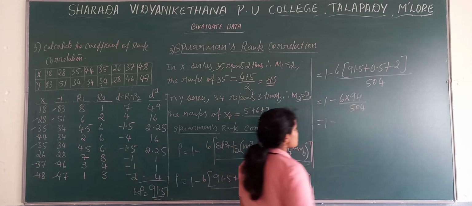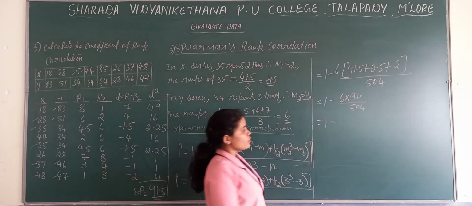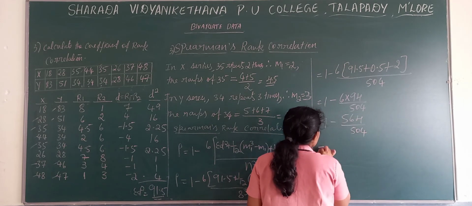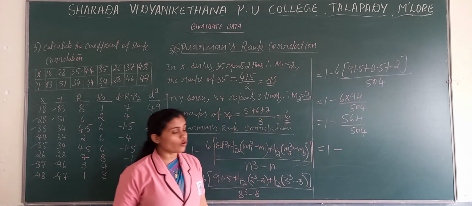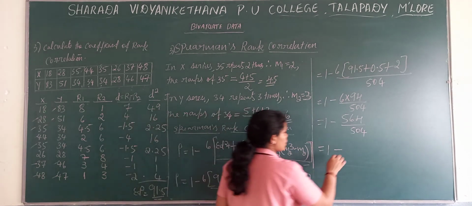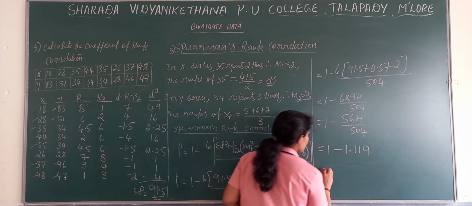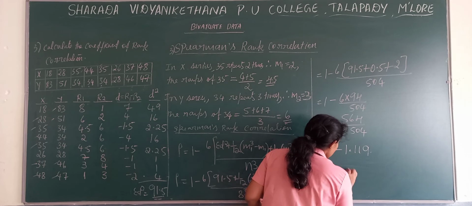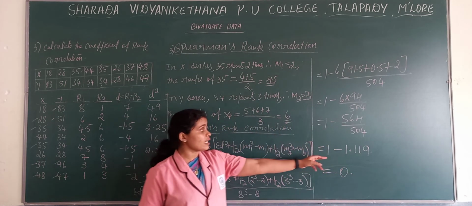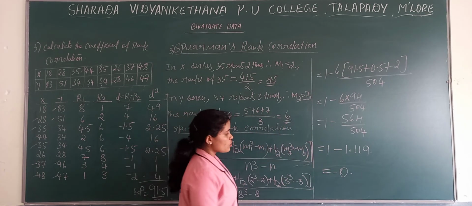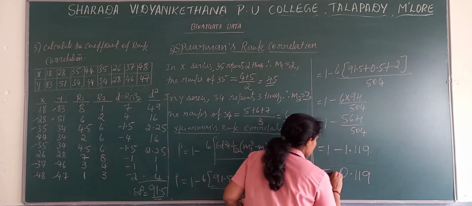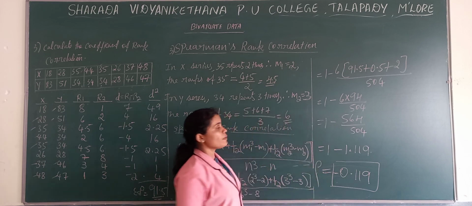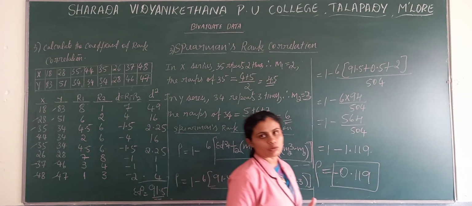Next 1 minus 6 into 94, we get 564 by 504. Next 1 minus 564 by 504, we get 1.119. 1 minus 1.119, we get the end value as minus 0.119. So here we get Spearman's rank correlation as negative.